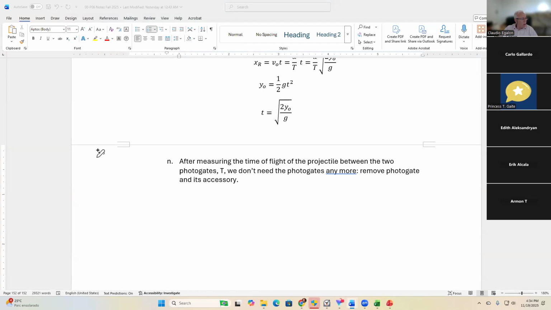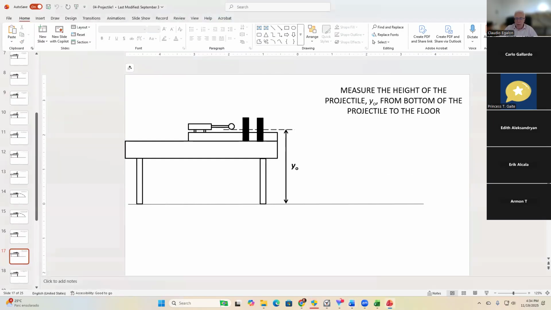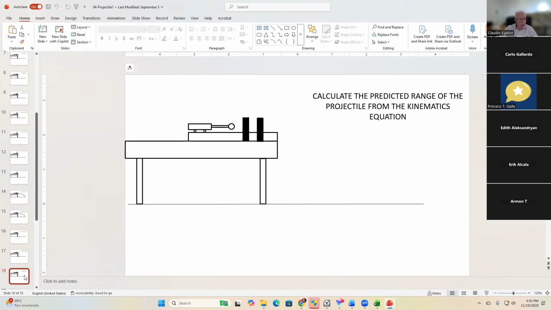And now what you're going to do next is mark the origin of the x-axis on the floor with a plumb bob. That's what the plumb bob is all about. The origin of my projectile is right in here.